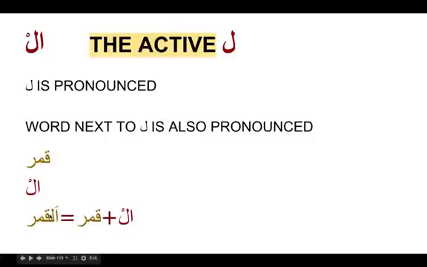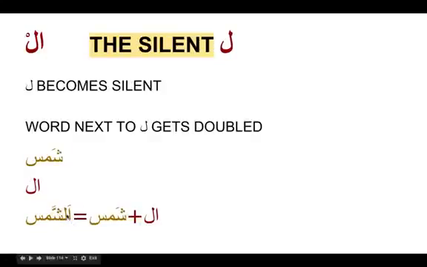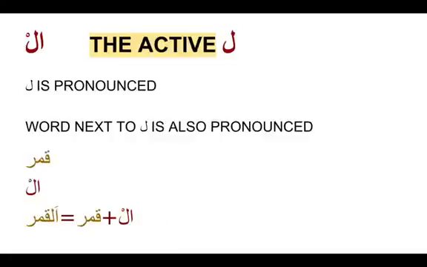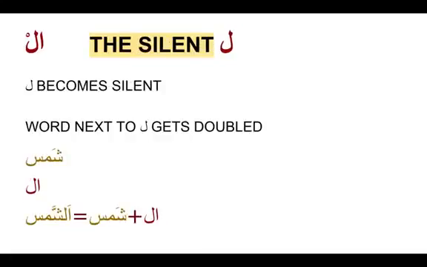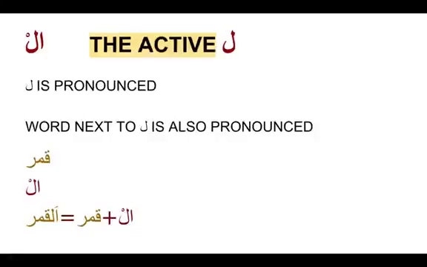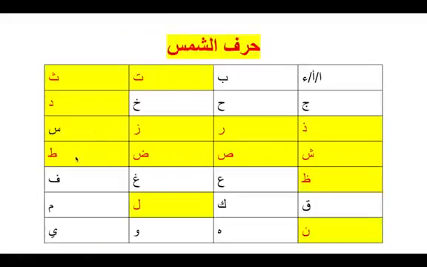So all the letters are pronounced clearly, al qamar. Whereas in the previous, if you see ash-shams, the lam is not produced. So what are those words in which the lam becomes silent, and what are those words in which the lam is active? These are called huruful shams and huruful qamar, and these are the letters which are the sun letters.